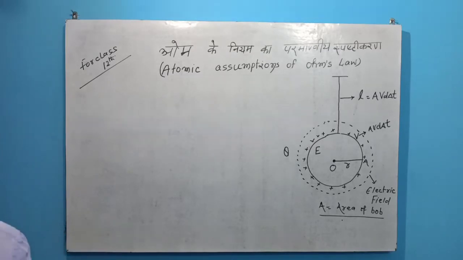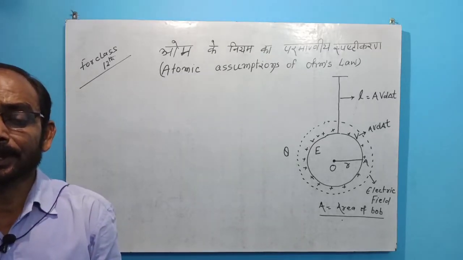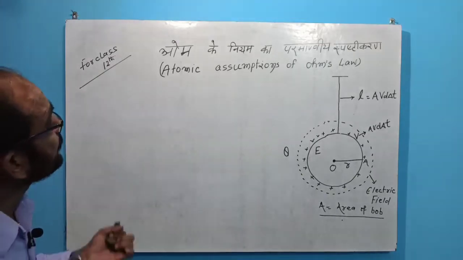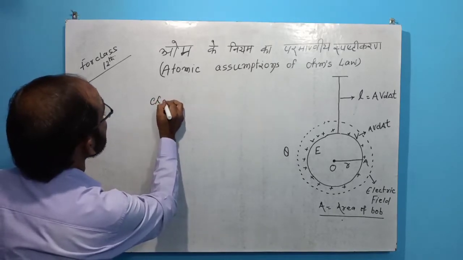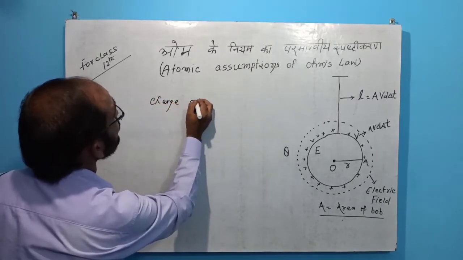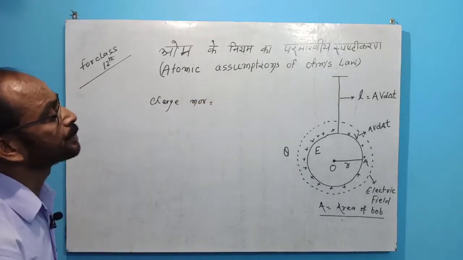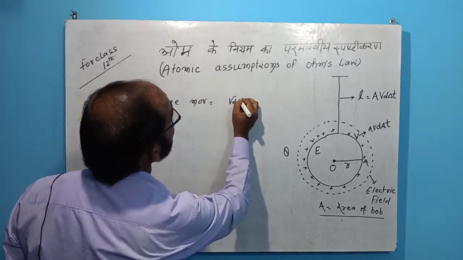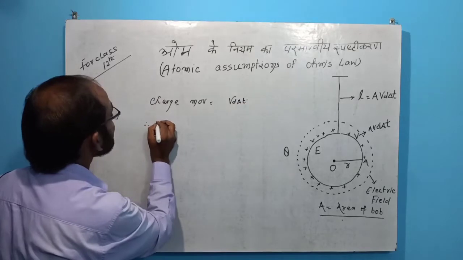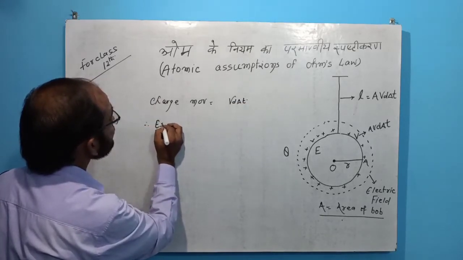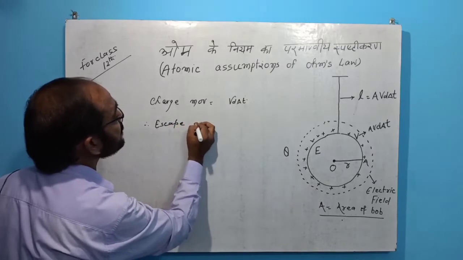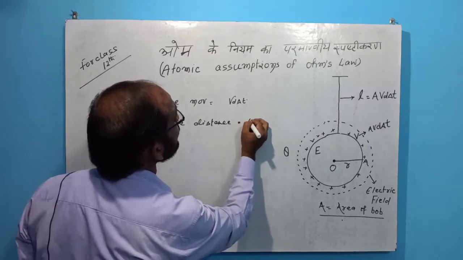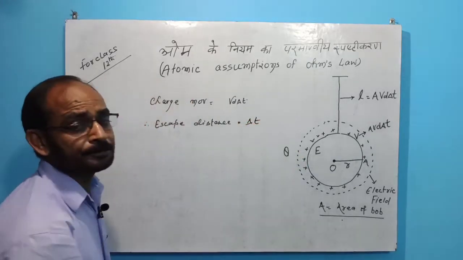Let the charge movement be the escape distance, which is Vd del T, where the escape distance is within the del T time.